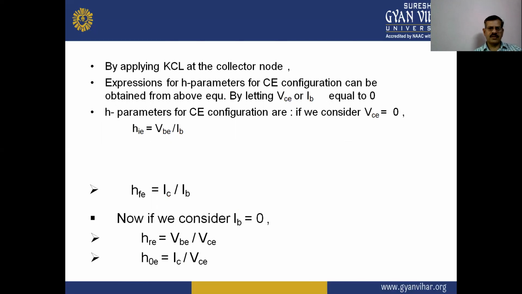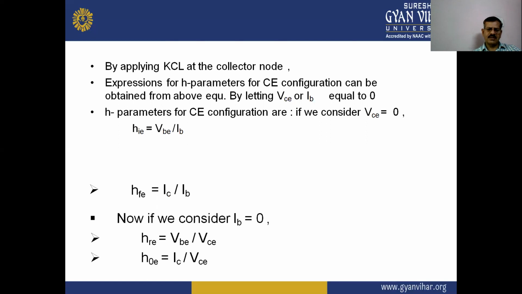H parameters for the CE configuration are, if we consider VCE equal to 0, HIE equal to VBE upon IB, and also HFE equal to IC upon IB. So HFE is the ratio of collector current to base current.